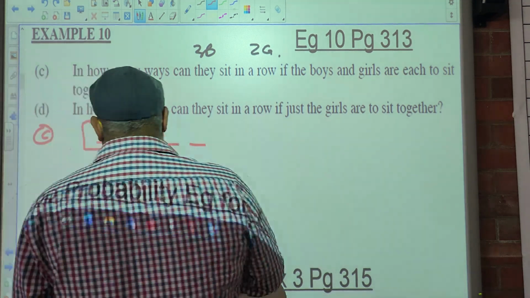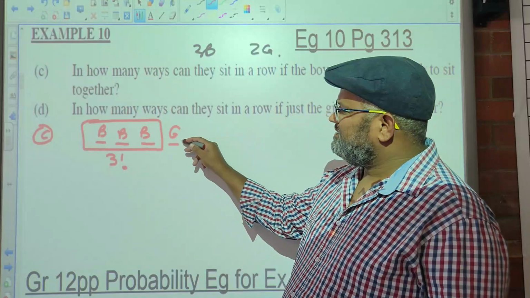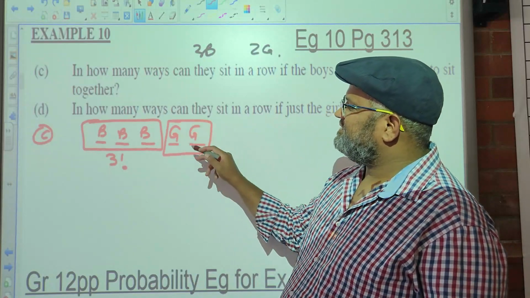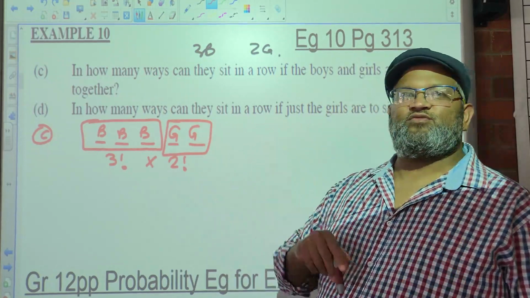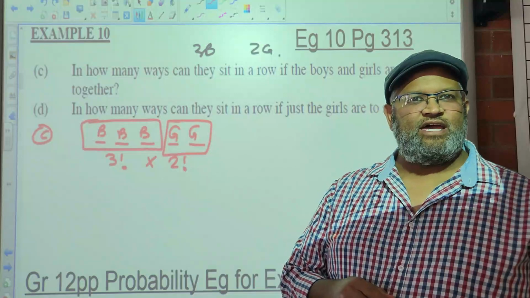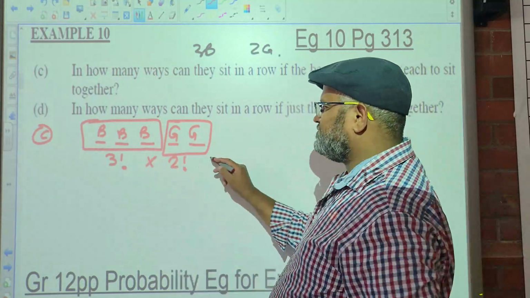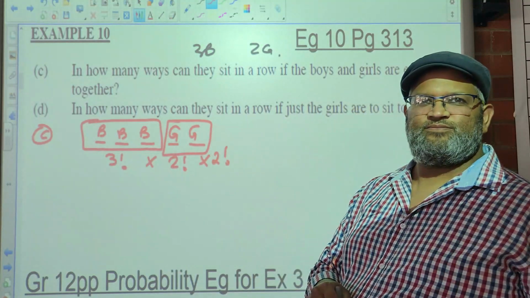Strange. Okay, so what are your options here? Not so. So they're sitting in how many ways? 2 factorial ways. Did they specify boys must sit first? And girls must sit first? So this could also interchange. So multiply that by 2 factorial ways as well.